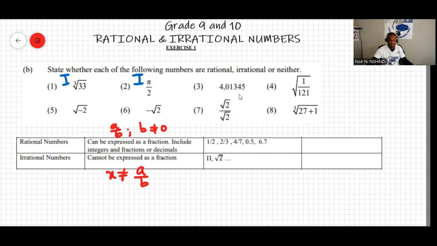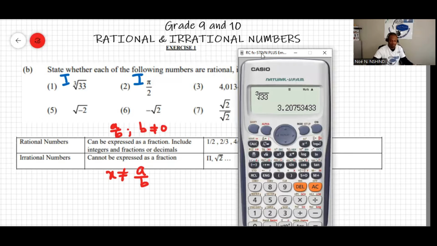And on this part, 4.01345. What's this? This is a rational number. Why? Because I can write this as a fraction. If I use a calculator, I can prove it to you.